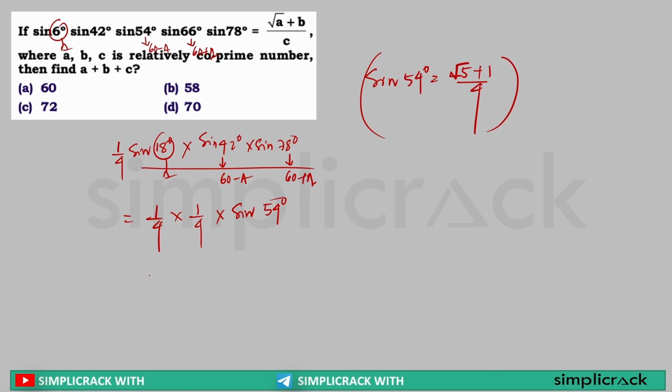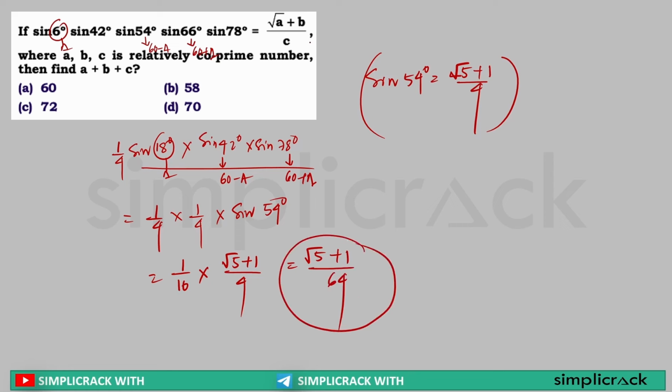Okay. Now, this is what? 1 by 16 into sine 54 degree, that is root 5 plus 1 by 4. Yes or no? Yes. So that means this is root 5 plus 1 by 64. Now, this is equal to root A plus B by C. That means here A is 5, B is 1, C is 64.